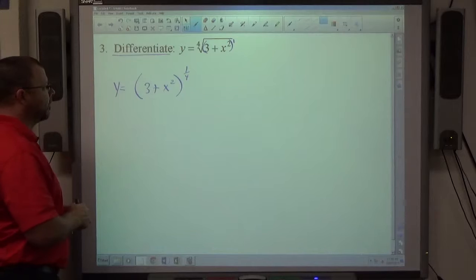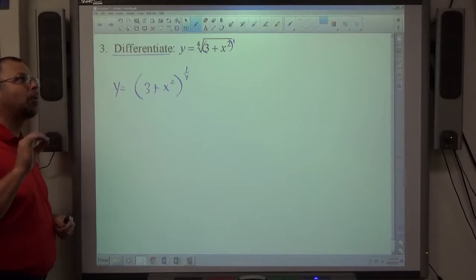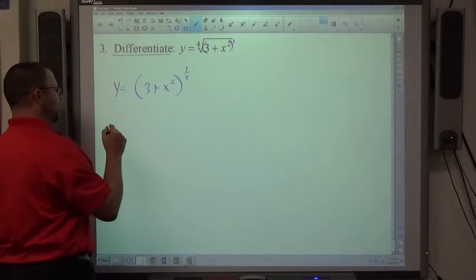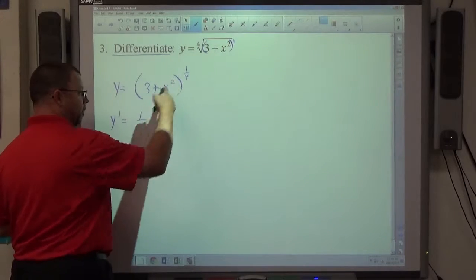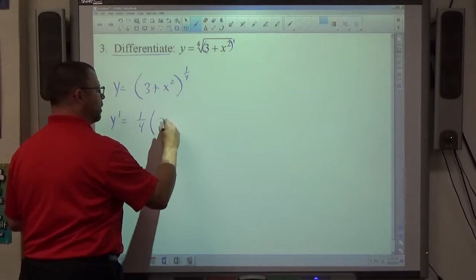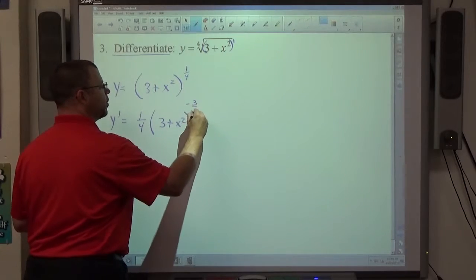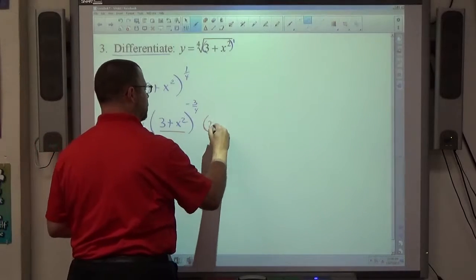So it creates a nice power structure. So we have something to a power, so I'm going to use the power rule for differentiation. So y prime is going to be 1/4 the power times the base, 3 plus x squared, to one lesser power, 1/4 minus 1 is negative 3/4. Then I multiply that times the derivative of 3 plus x squared, which is 2x.